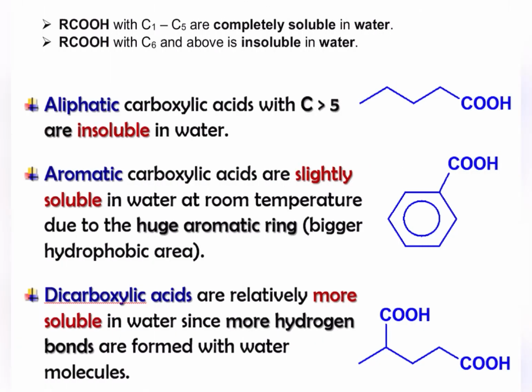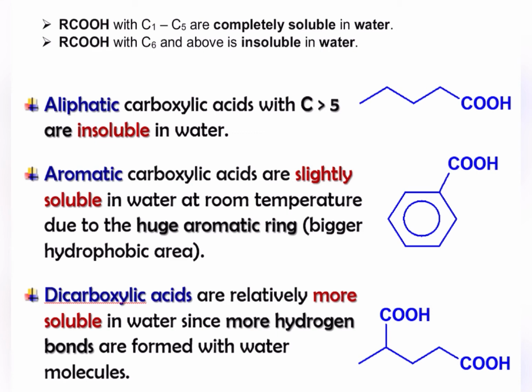Now we are talking about different numbers of carbon atoms in your carboxylic acid. For your information, if you have carboxylic acid with one carbon atom up to five, they are completely soluble in water, so the chance of their solubility in water is higher.